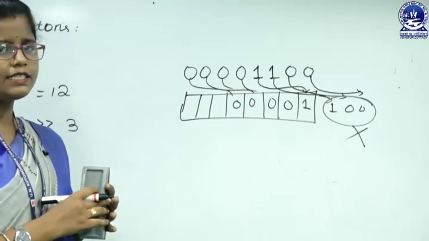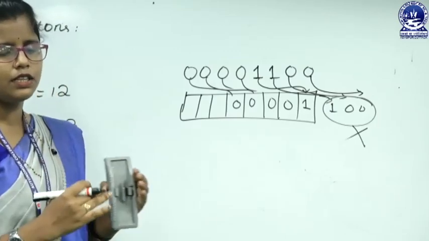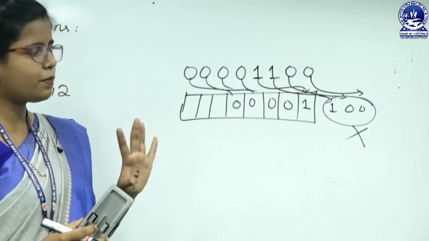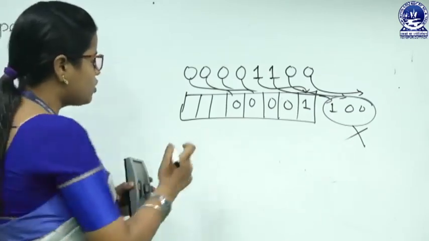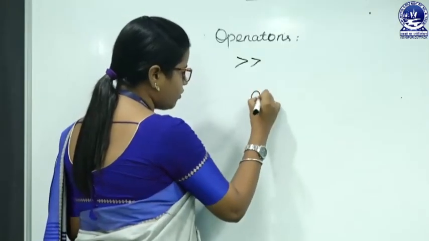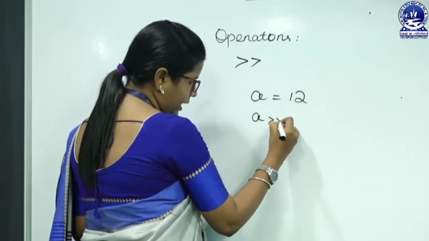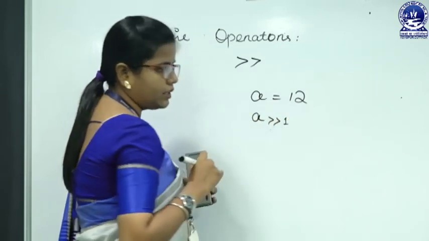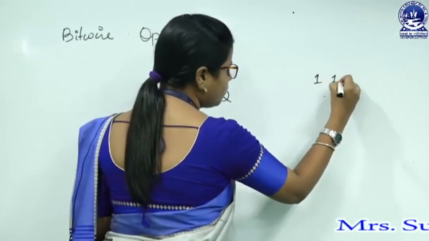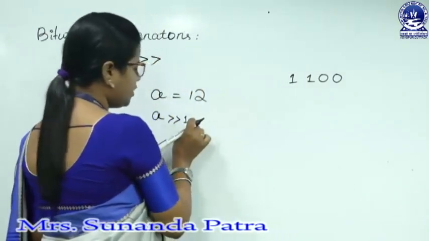As we right shift the number by 3 bits, there is a space of 3 bits, so we should fill them with 0. Suppose A equals 12 and I am trying to right shift A by 1 bit. What will be the result? 12 means 1100. Then we are trying to right shift by 1 bit.